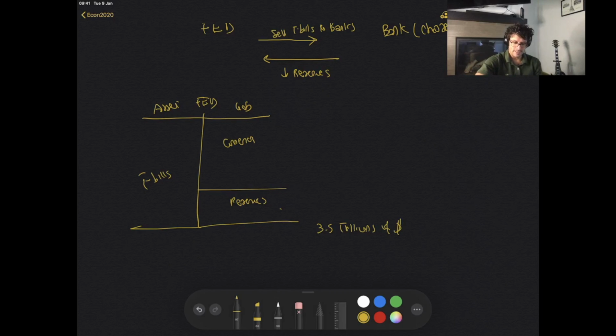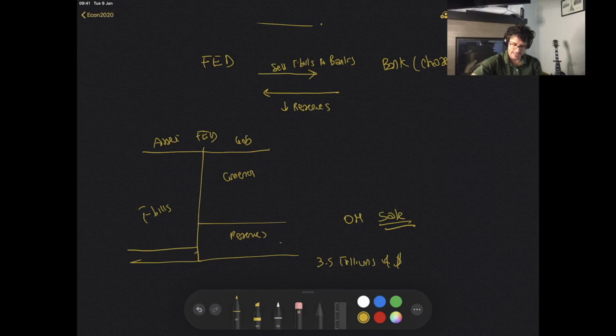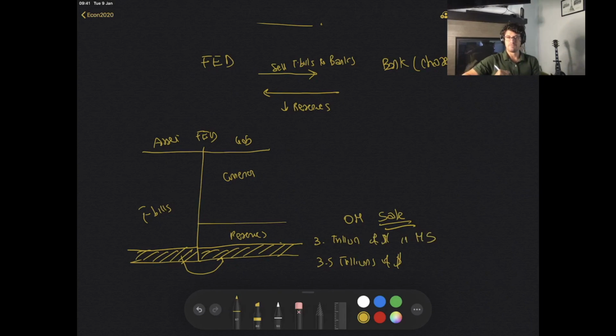Well, via an open market sale, the Federal Reserve sells T-bills to the banks and reduces the reserves of the banks. So now it goes back to 3 trillion dollars in money supply. Okay? This is basically how the Federal Reserve introduces and takes out money from the system, at least one of the two ways.